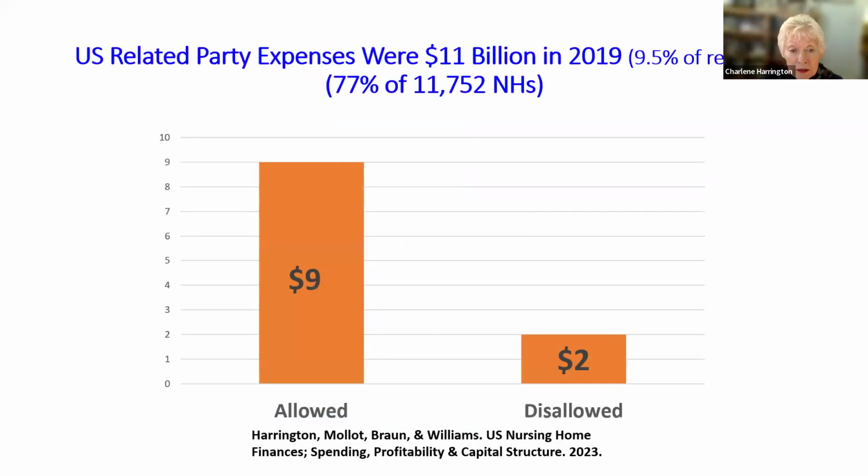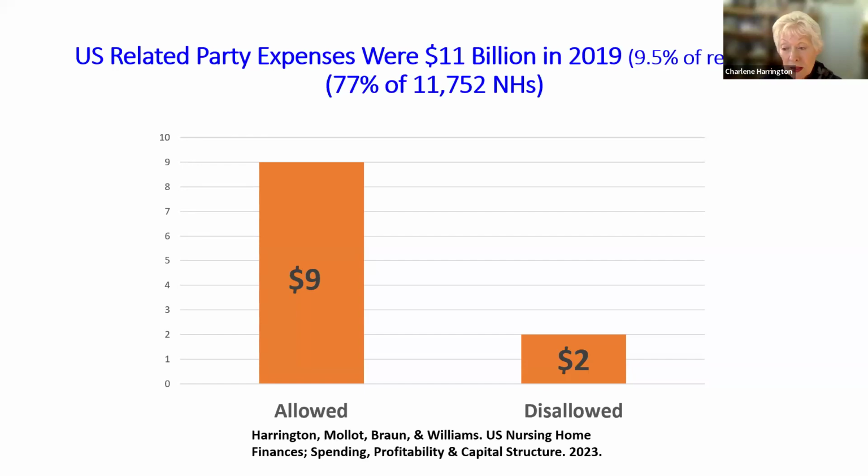So what we found is that there were $11 billion in related party transactions, and that was 9.5% of their revenues. And 77% of nursing homes had these transactions, almost all the for-profits.